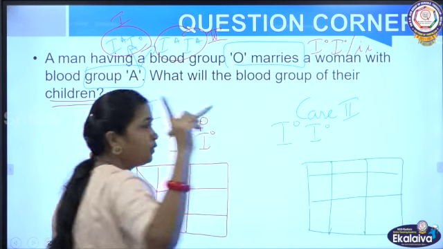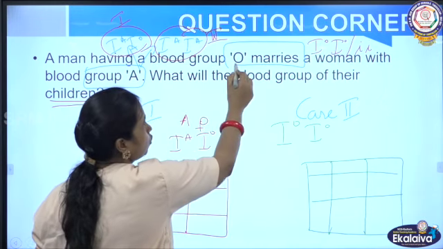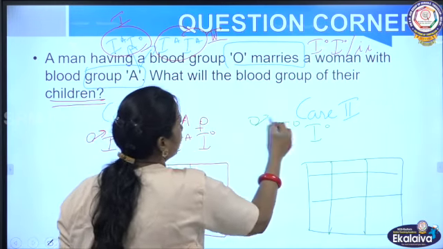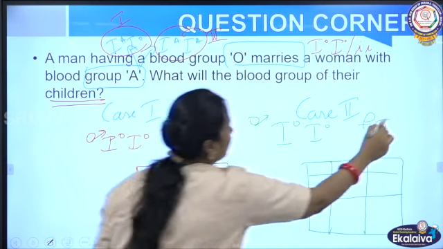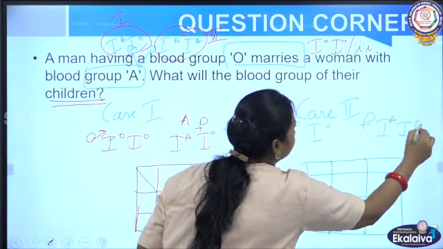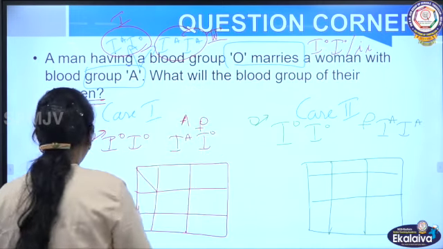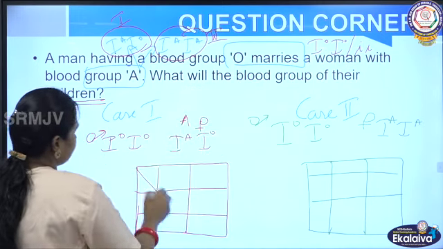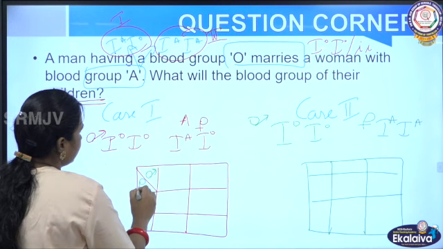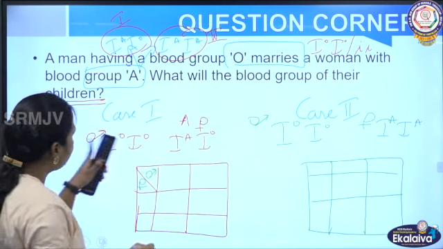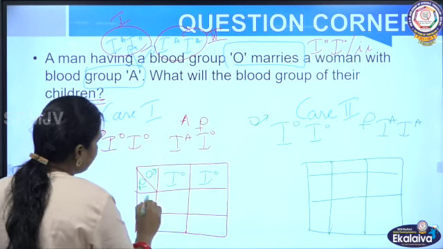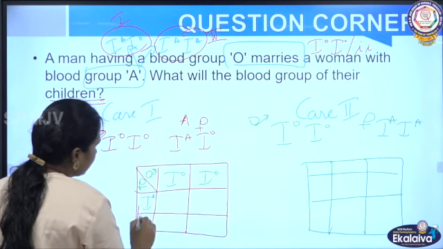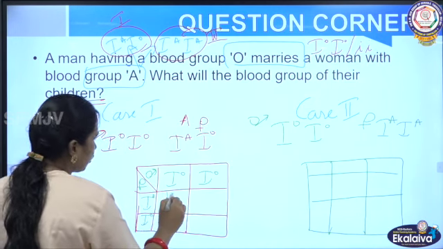And here we are going to take IO for the male, only one genotype because it is O blood group, right? And then for the female, what are we going to take? IA IO. Now we'll start here. Male, female. Carefully place the genotype in male, and then female, IA, IO. Intercross.